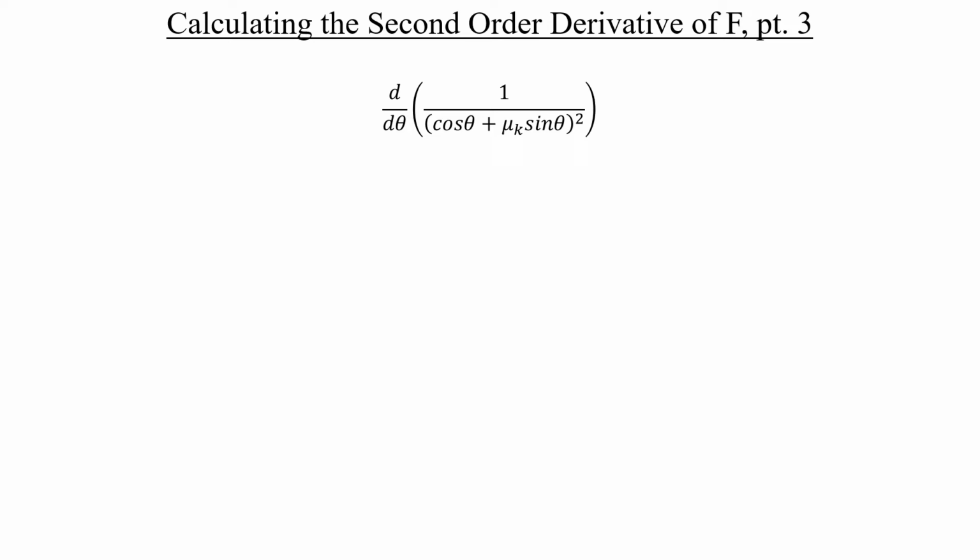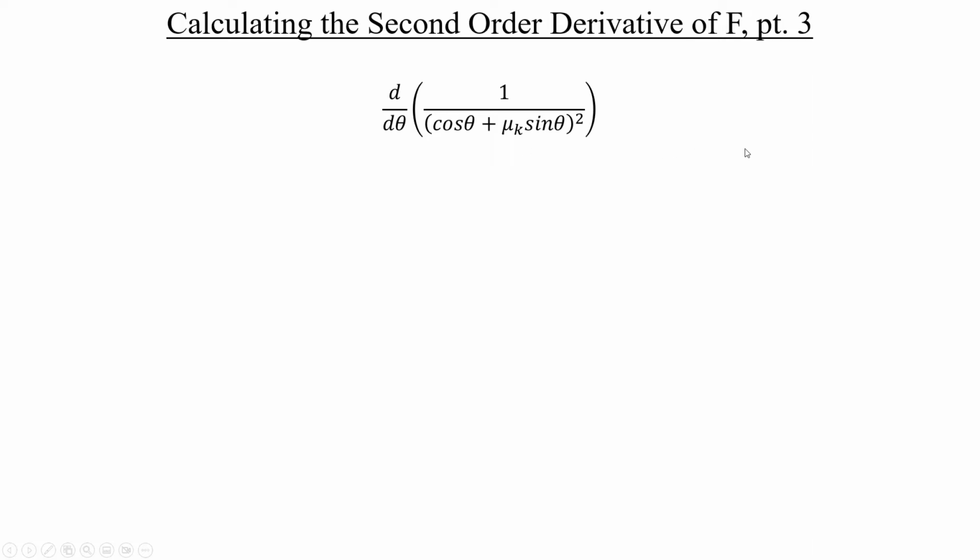Our outermost function this time isn't like 1 divided by something, it's like 1 divided by something squared. And the innermost is, well, it's pretty familiar. It's the sum of the same trig identities as before. So what's great here is that we don't actually have to do a lot of work to complete this chain rule, because the innermost function is the same form as the first one we did.